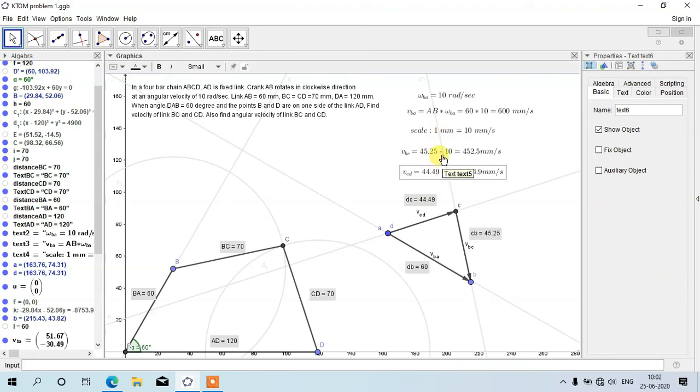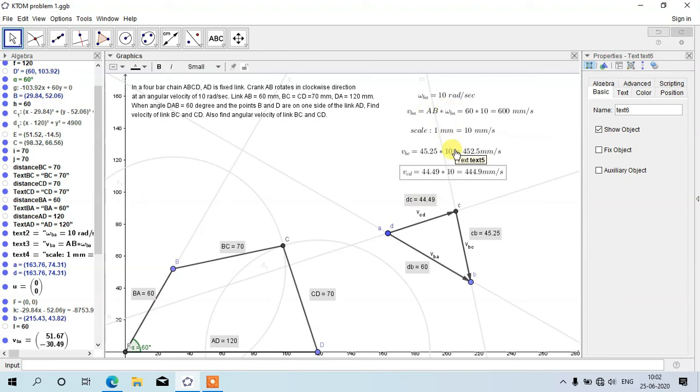Now we have completed one part of our example. We have found the linear velocities of the links. Now if I want to find the angular velocities of these links, what should I do? I know the relation between linear velocity and angular velocity: linear velocity is equal to the length of the link multiplied by angular velocity.